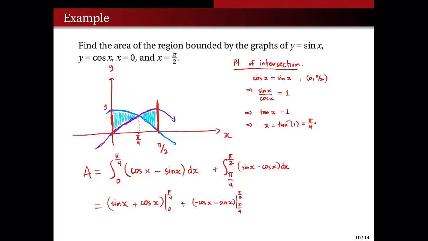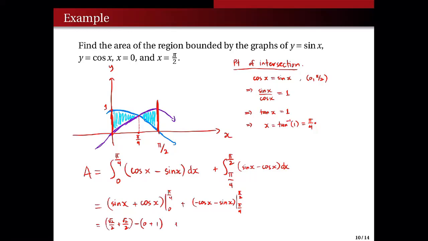So calculating, for the first part here, at pi over 4, you have square root of 2 over 2 plus square root of 2 over 2. Correct? That's the value of cosine pi over 4 and sine pi over 4. Then minus sine 0, that's just 0, plus cosine 0, that's 1.